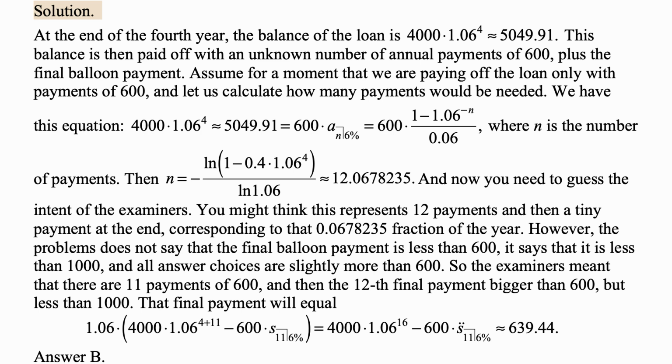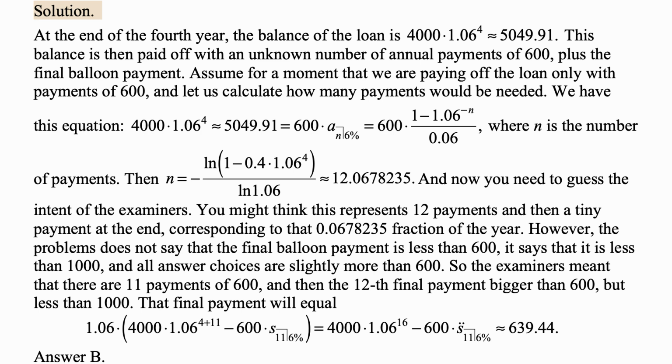So we have this equation. 4,000 times 1.06 to the 4th is approximately 5,049.91, and it's supposed to be equal to 600 times a angle n at 6%. So it's 600 times 1 minus 1.06 to the minus n over 0.06. Of course, 600 divided by 0.06 is just 100 times 100, so 10,000.